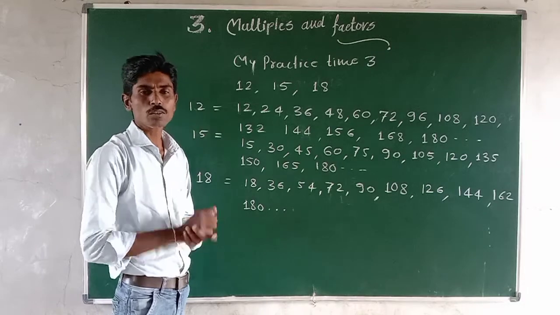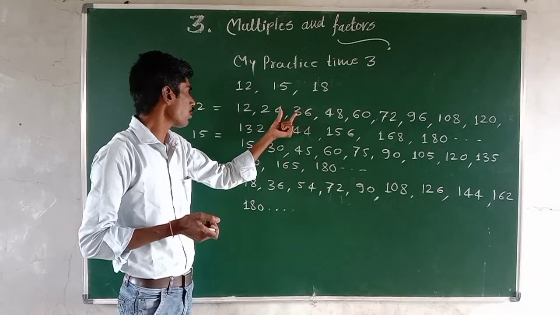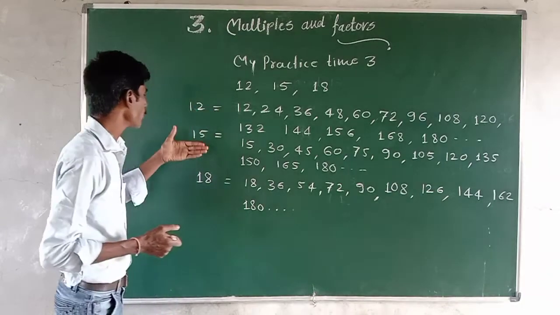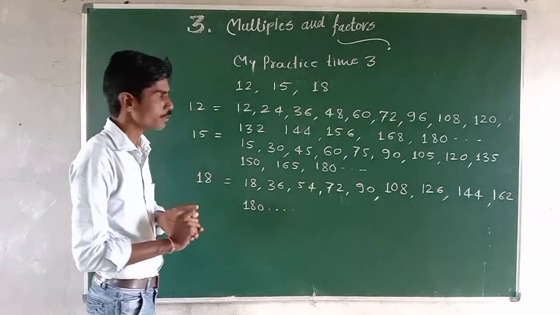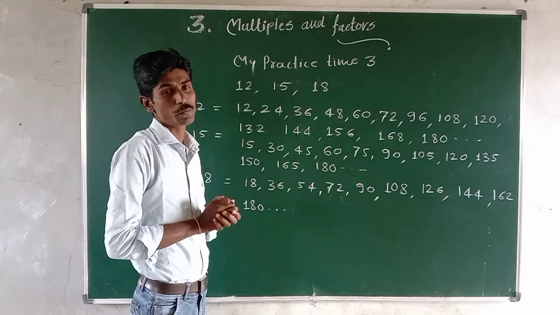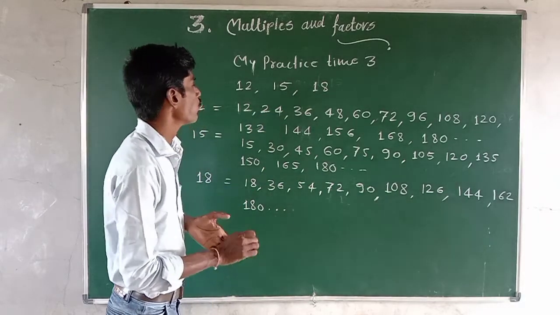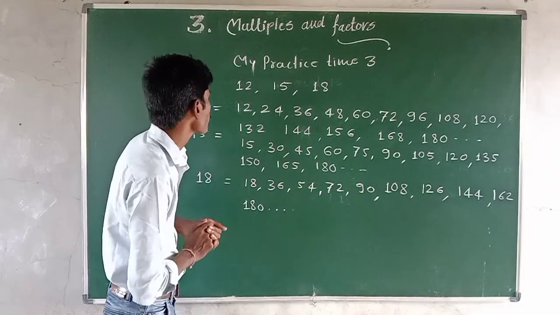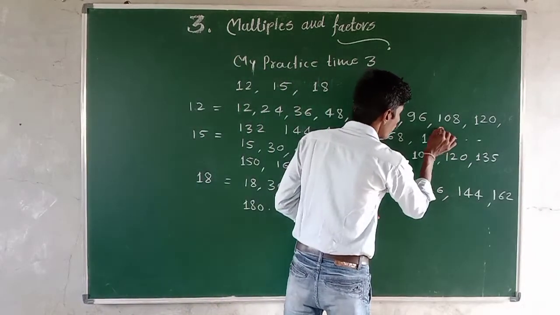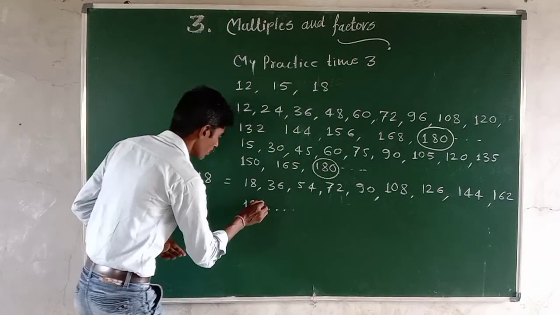Now we have to find the least common multiple. Common means the number which is present in all three lists: the multiples of 12, of 15 and of 18. The one and only multiple present in all three series is 180.